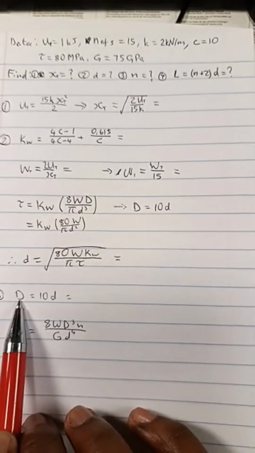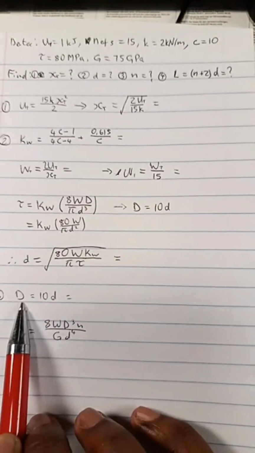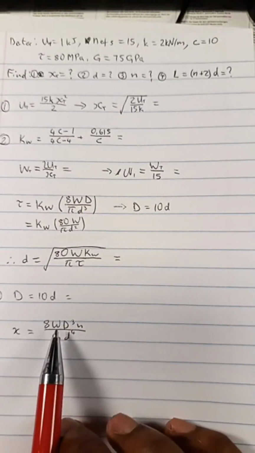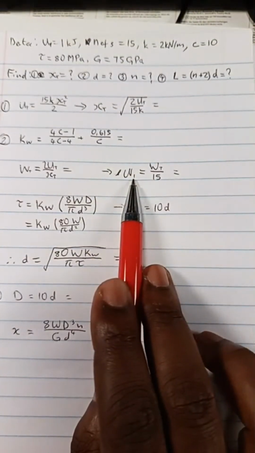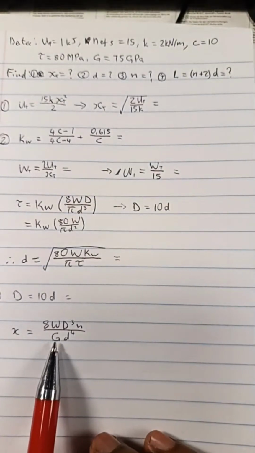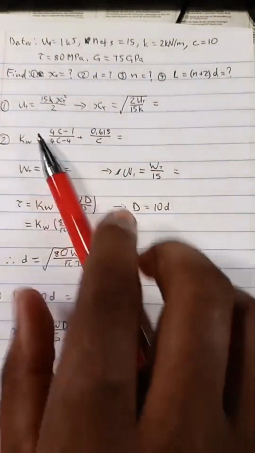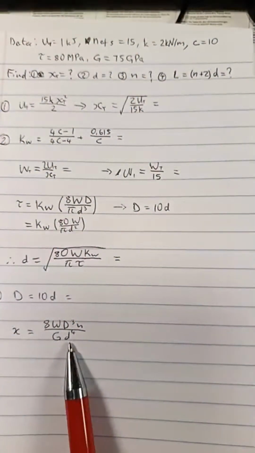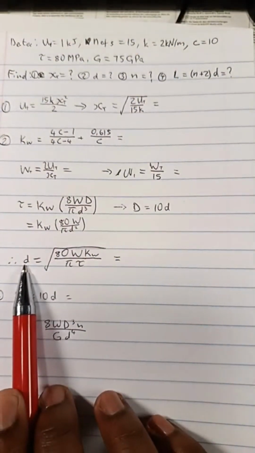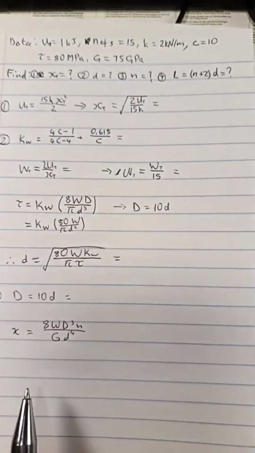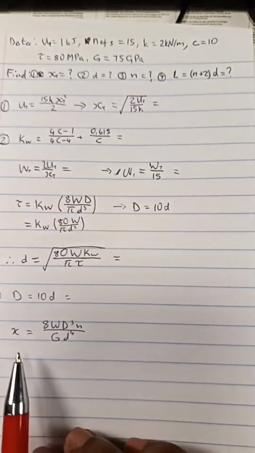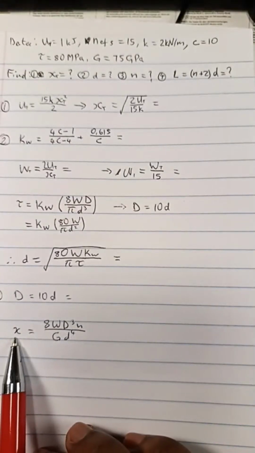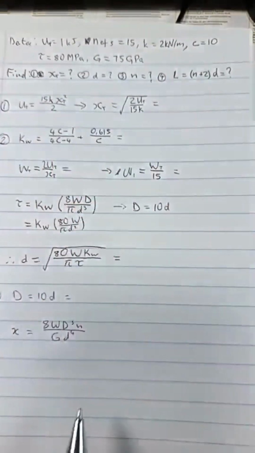Remember we just used this formula to find capital D. So now we have capital D, we have W because we got W from there, G was given, and we just calculated small d here. So we have everything. We can go ahead and make N the subject of the formula, because we do have X. X was the first that we had to look for.